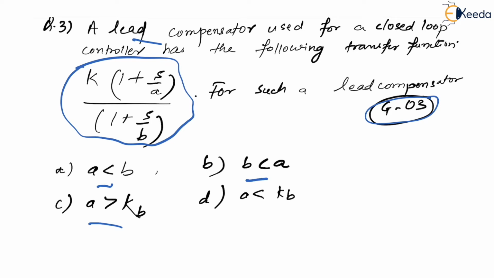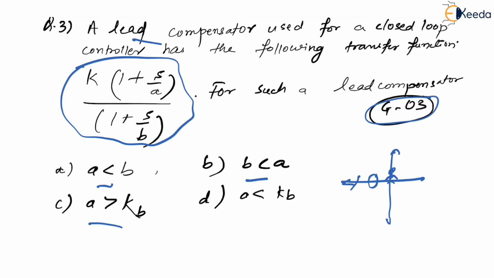If you remember, I had told you that whenever we talk about a lead compensator, suppose I am standing at the origin, what should I see first? When will I feel that I am leading in my life? Whenever I find the zero first.